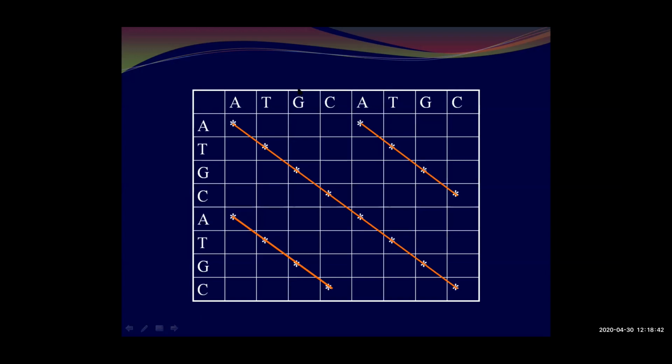Suppose they are 100% identical. Now in that case, one by one we will search for the similarity. And when there is a similarity, we will put a dot. A to A similar, so a dot. T to T similar, here is a dot. G to G similar, there is a dot. Like that, we go on doing that. And wherever there are dots, we will merge them, or across the graphical table, we shall join them together by the dots by a straight line.